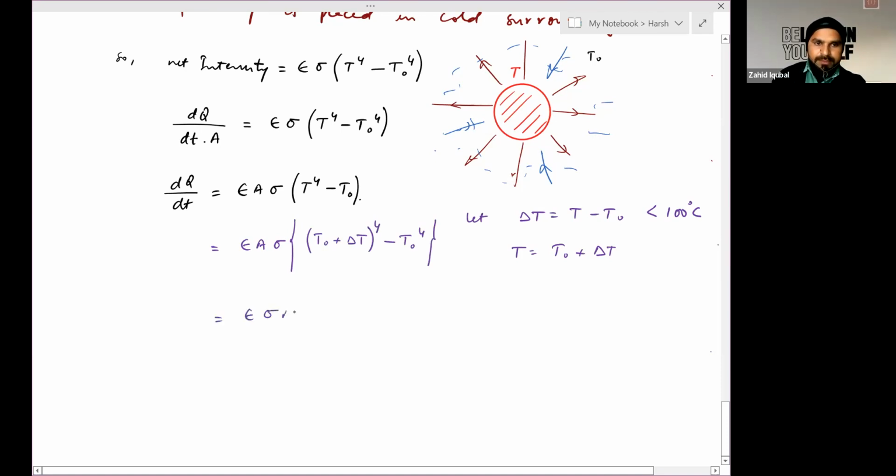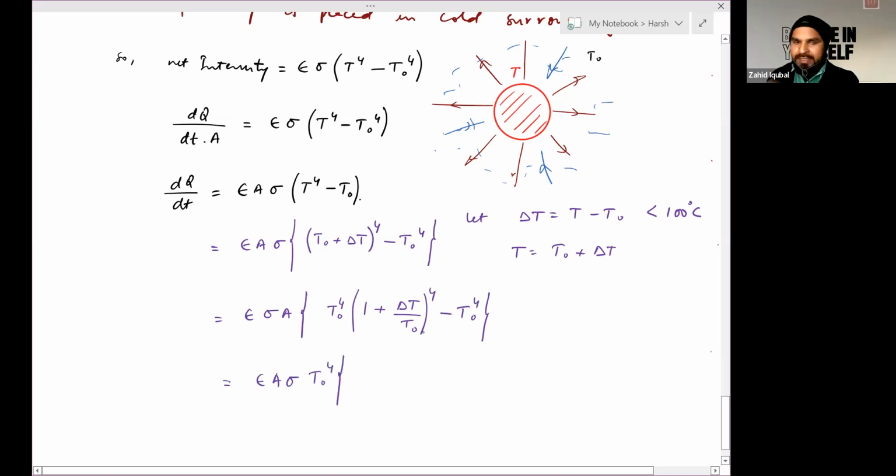Now, epsilon sigma A, if I take out T naught to the power 4 as common, you'll get 1 plus delta T by T naught to the power 4 minus 1. Further, using binomial expansion, we may write (1 plus x) to the power n is equal to 1 plus n times x.